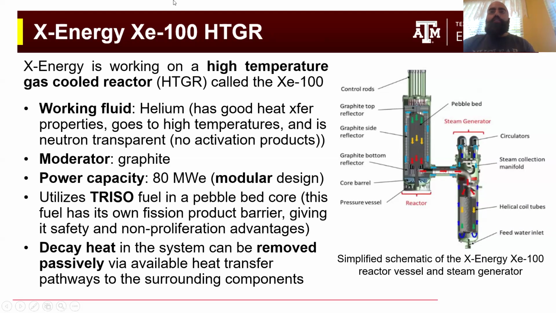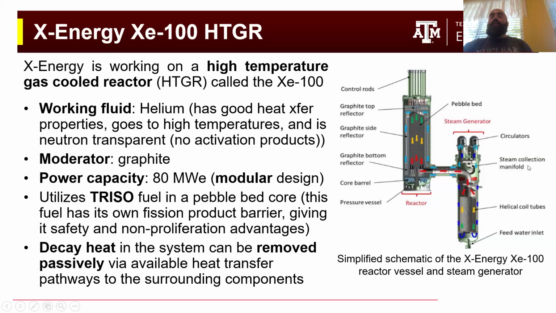X Energy is another startup that's at a pretty high technological readiness level. They are doing a high temperature gas-cooled reactor called the XE100. Their coolant is helium. Helium has really good heat transfer properties.